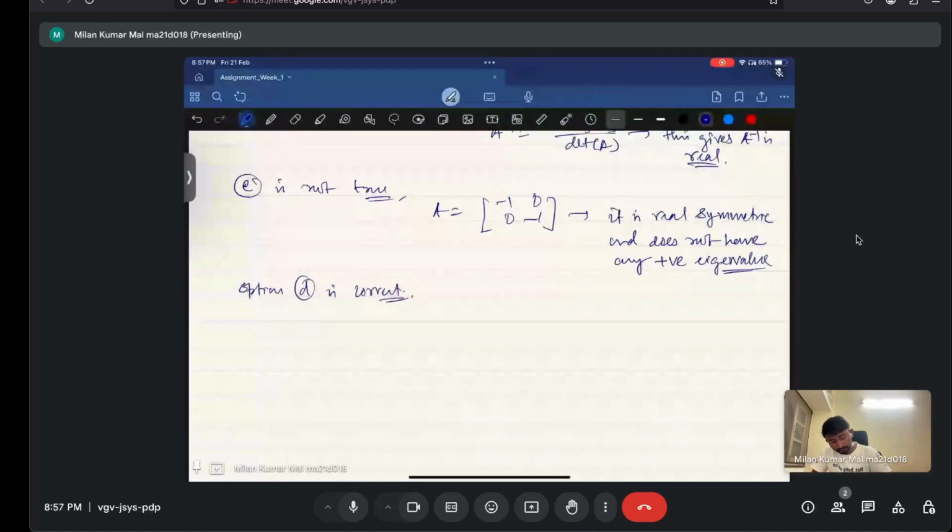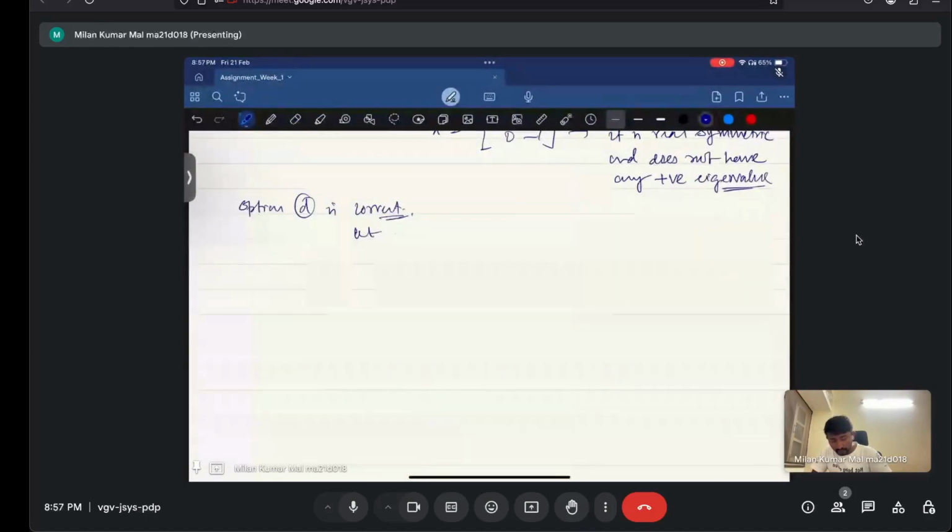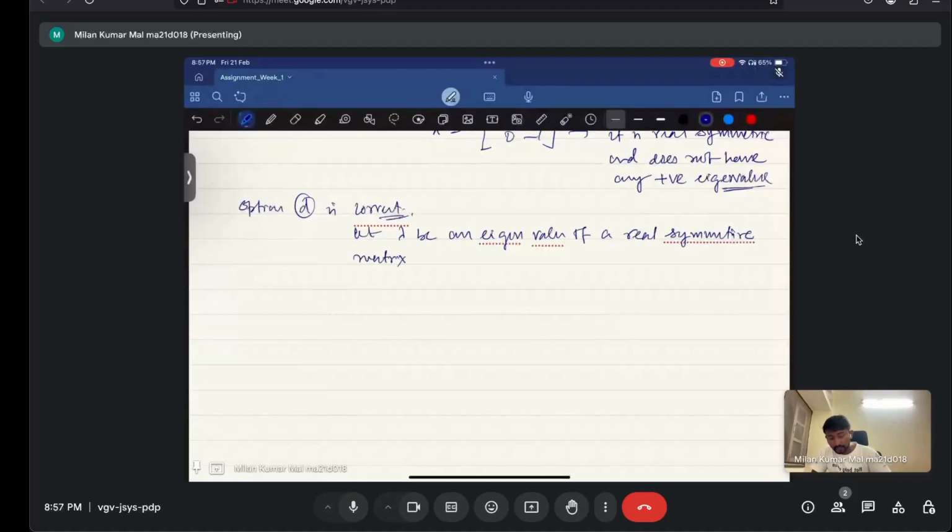Why is it so? Let lambda be an eigenvalue of a real symmetric matrix A. Then Ax is equal to lambda x for some x, a column vector x = (x1, ..., xn) transpose.